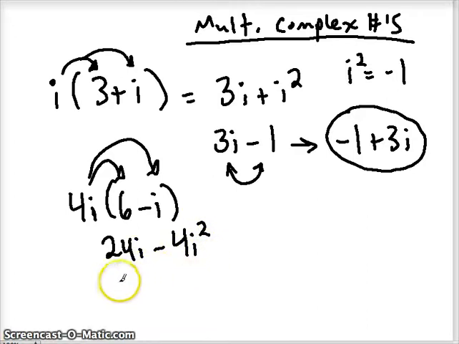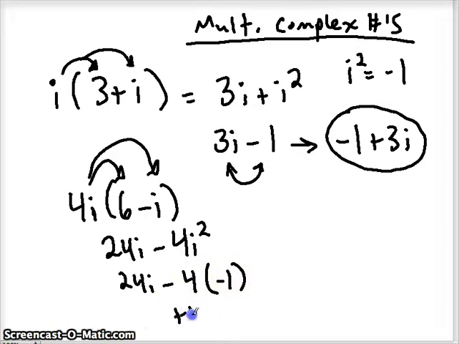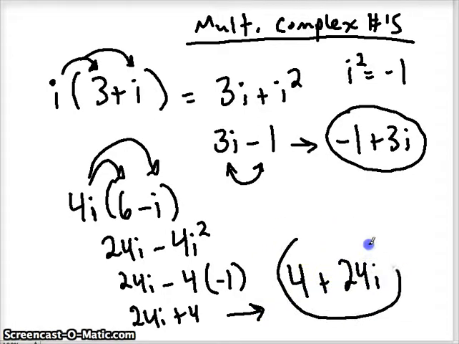So just rewrite things. 24i minus 4 times negative 1, right? Instead of i squared, we write negative 1. So now we have negative 4 times negative 1. Well, that's a positive 4. So we got 24i plus 4. Just rewrite it in the correct order. Real number first, and then the imaginary number second.